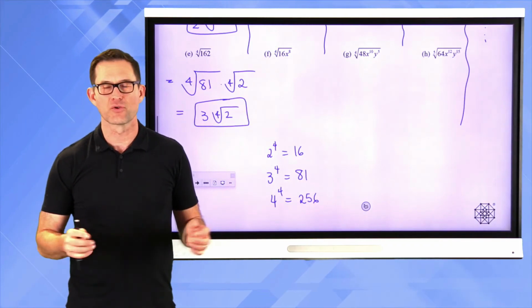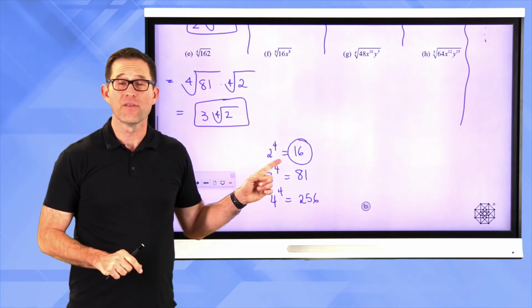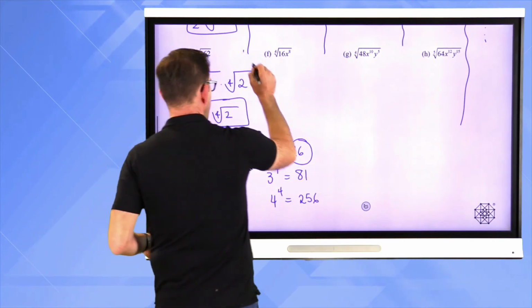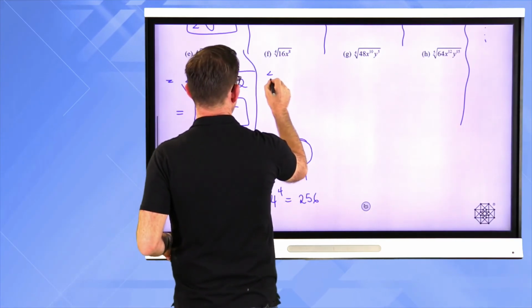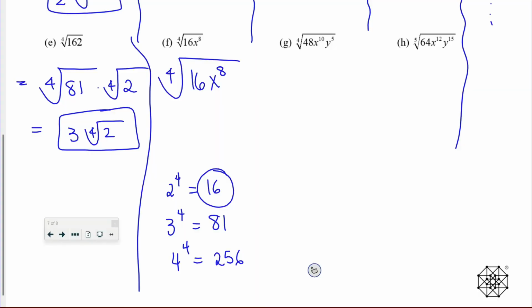All right, well, great. So what can we do on this? Well, one of the things that's cool is that we can find the fourth root of 16. The other thing that's kind of cool, and let me write this a little bit bigger, we've got the fourth root of 16x to the 8th.